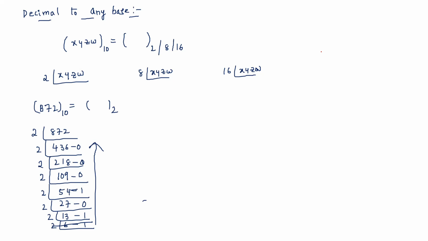Okay, let's take 872 again. Dividing by 2 gives 436, remainder is 0.